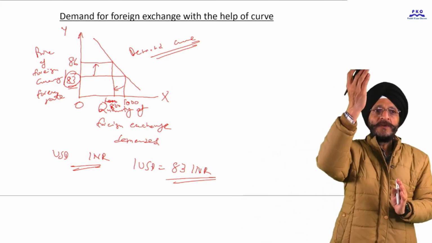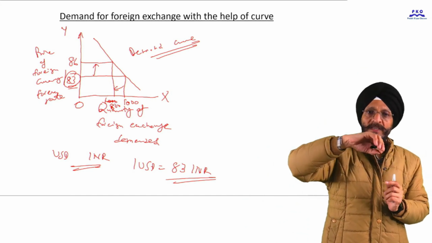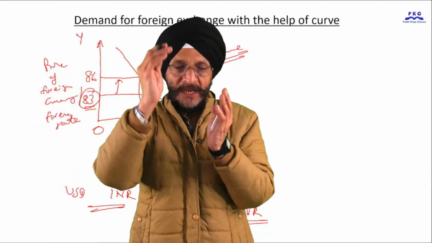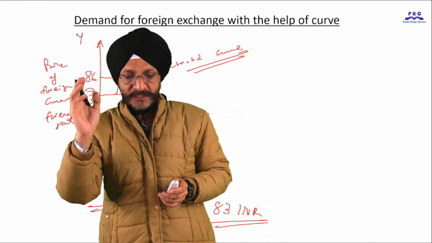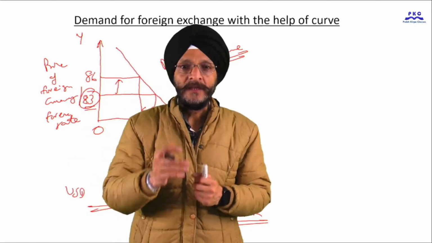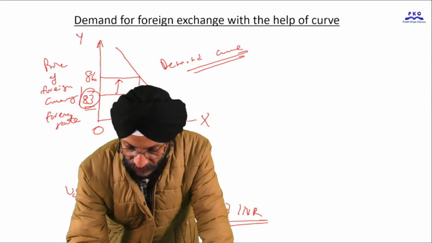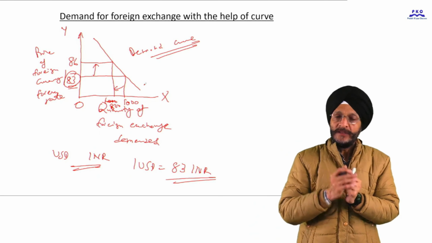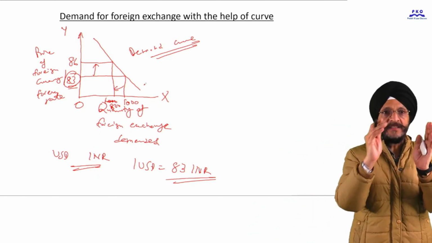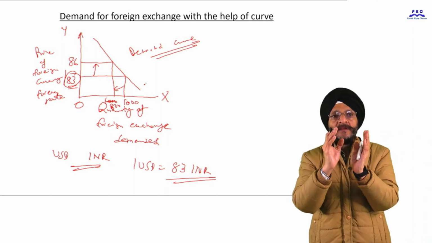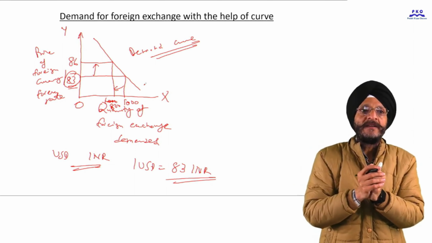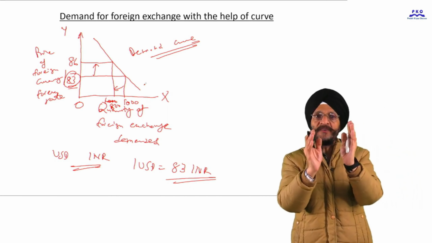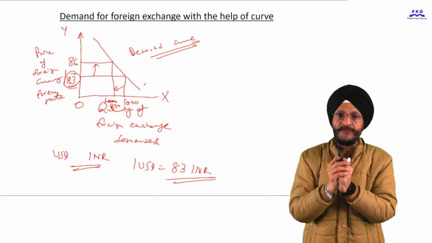If the price of foreign currency or the forex rate increases, demand decreases, and vice versa. If the price decreases, demand for foreign currency increases. Here we have shown the demand curve as a straight line. It is very helpful in understanding the relationship between the demand and price of foreign currency.